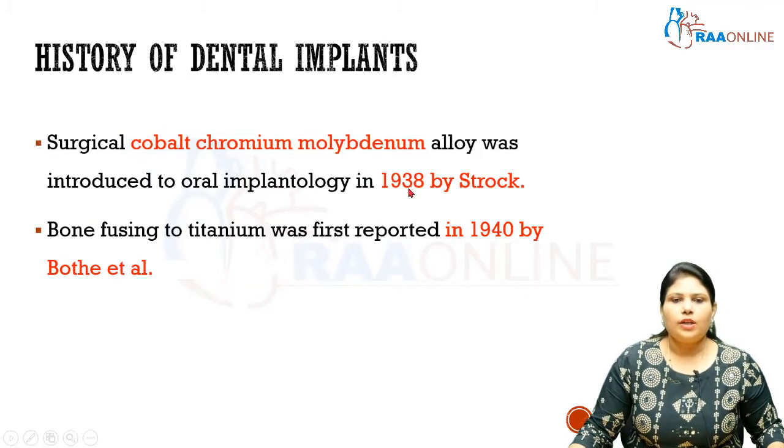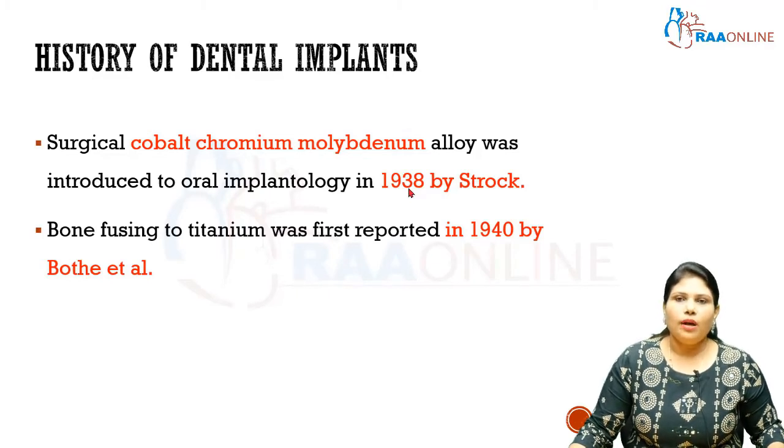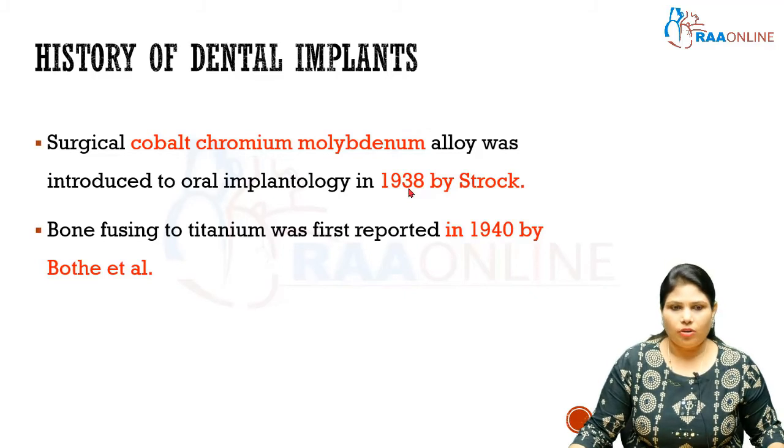Surgical cobalt chromium molybdenum alloy was introduced into oral implantology in the year 1938 by a person known as Stroker. Bone fusing to titanium was first reported in 1940 by Bothe et al.